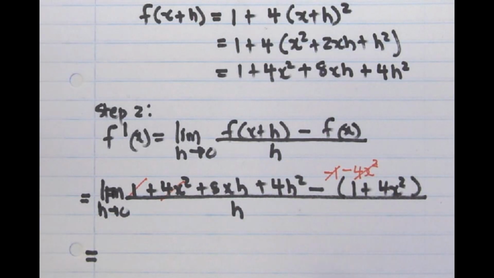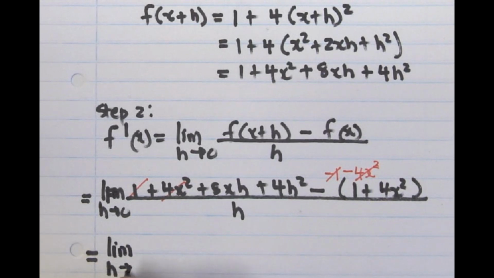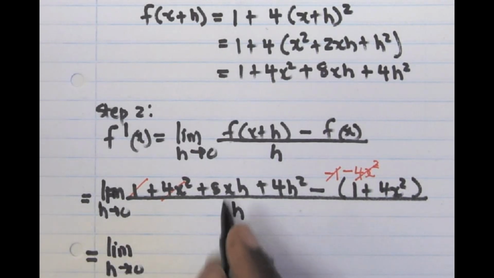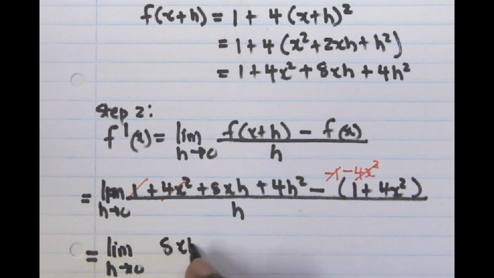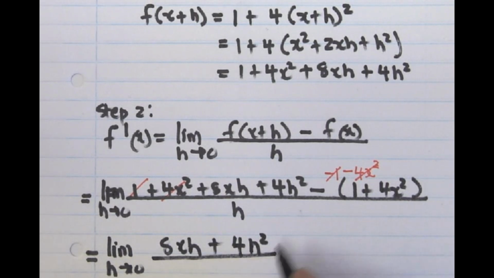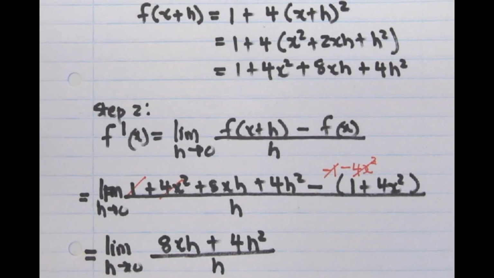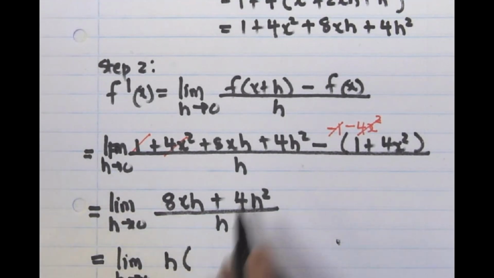And what am I left with? Limit as h approaches naught of 8xh plus 4h squared, everything over h. Then when I look at my denominator here, I can see that in the denominator I have a common factor h. So I'm going to pull out the h, and when I pull out the h, this is what I'm going to get.